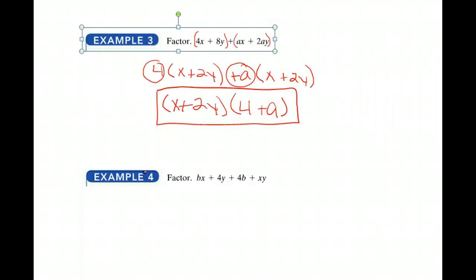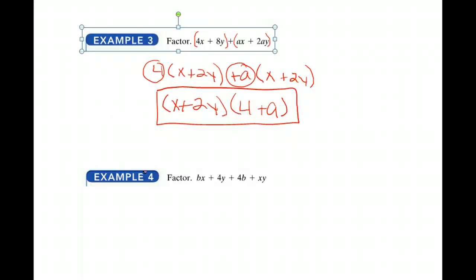Example 4. As we look at this one, it has 4 terms, but if we were to slap some parentheses around the first 2 and the last 2, would we be able to take out a common factor?